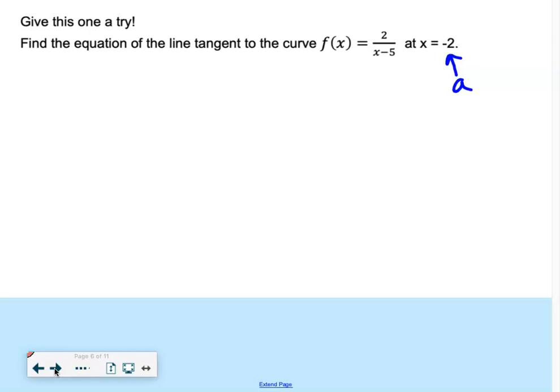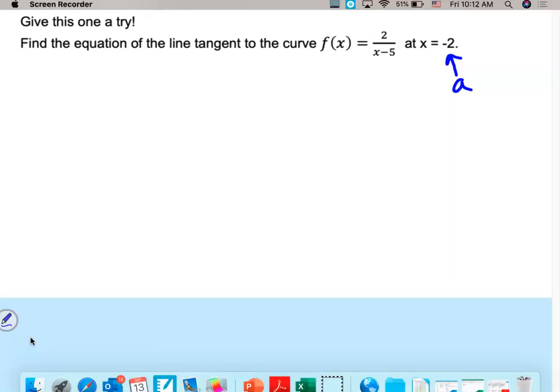So see if you can find the slope, right? Limit as x approaches negative 2 of f of x minus f of negative 2 over x minus negative 2. What two things do we need to write an equation of a line? Point and slope. So I'm going to find the slope.